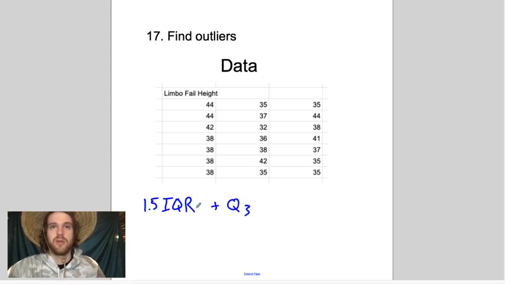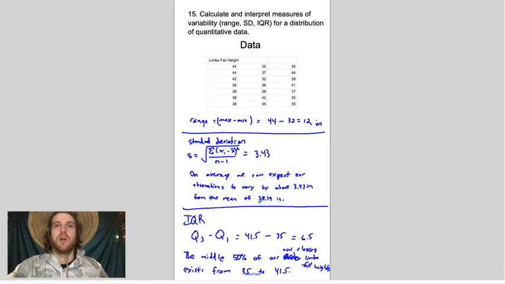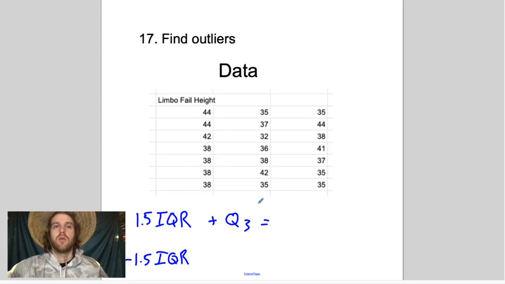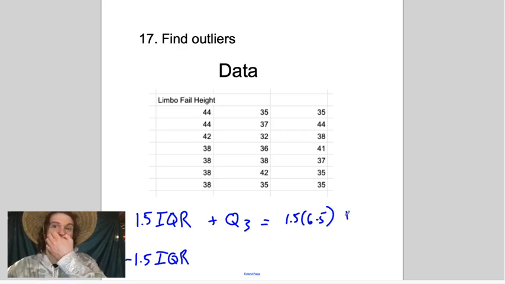So if it's 1.5 times the IQR plus Q3, that's an outlier, and Q1 minus 1.5 times the IQR. Kind of got it flipped backwards there. That's all right. So we'll go ahead and plug this baby in. The IQR is 6.5. So we're going to do 1.5 times 6.5 plus Q3, which is 41.5.